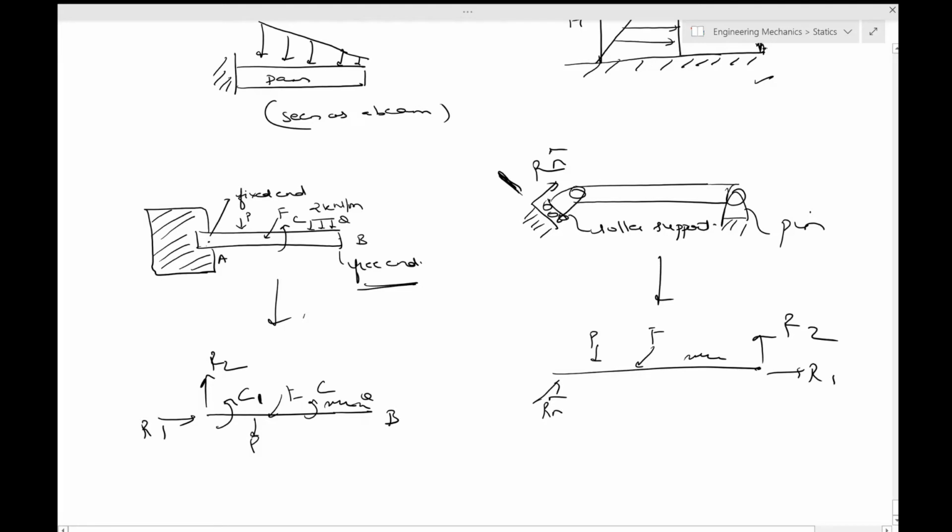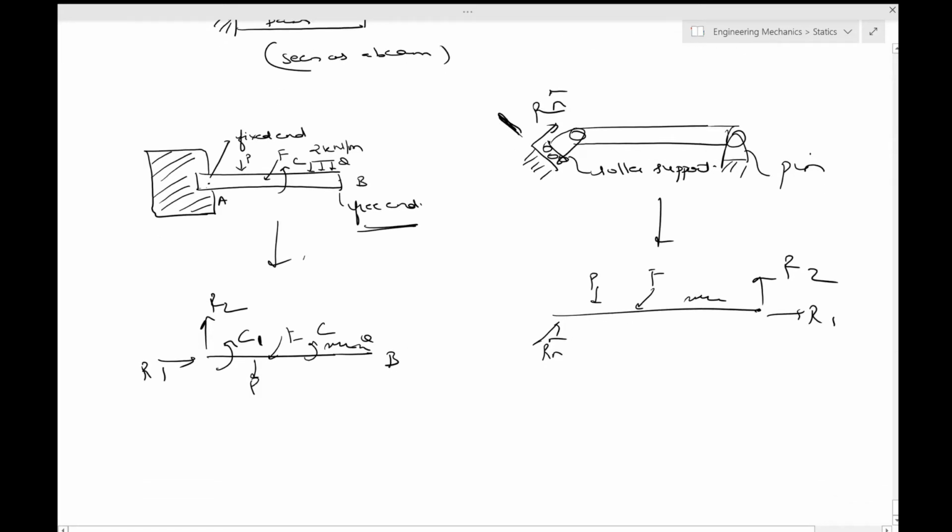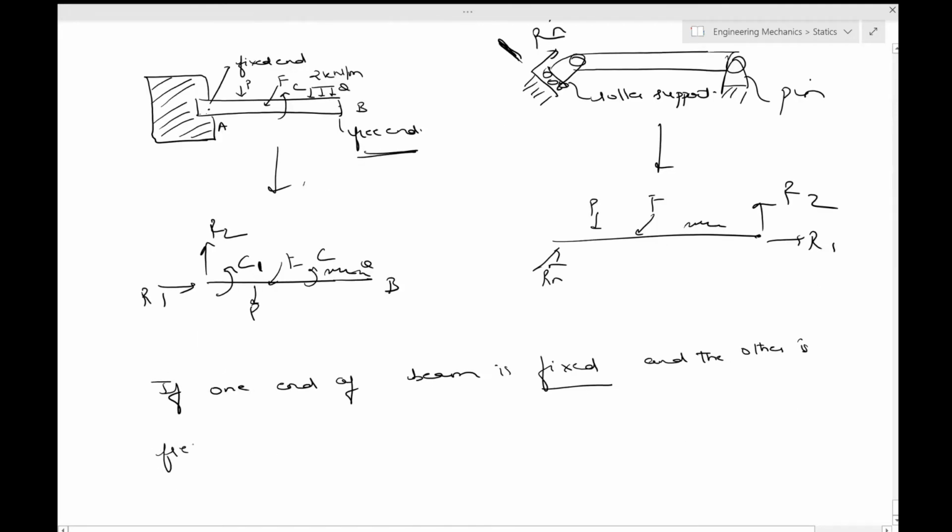One name which you should definitely know at this point, at least two names, is that if one end of the beam is fixed and the other is free, then it is called a cantilever.